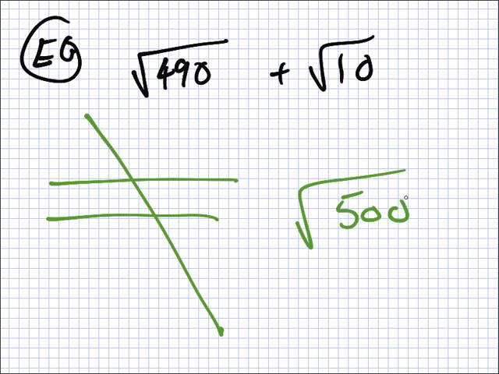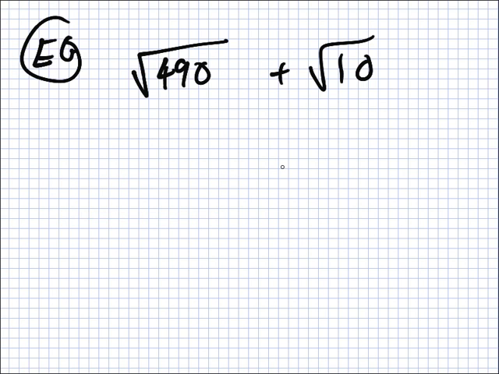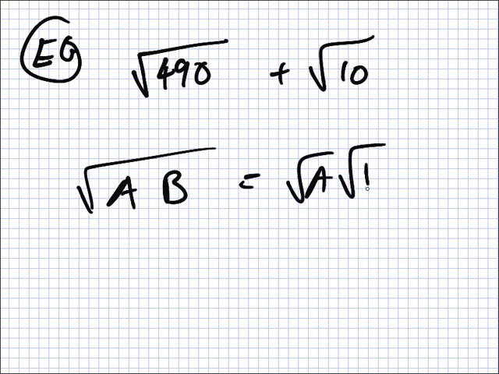You can't say this is root 490 plus 10. You need to be careful because you can do this: root AB equals root A times root B.